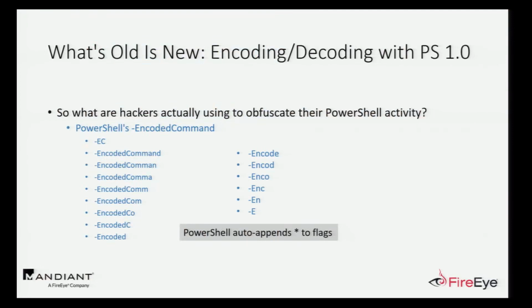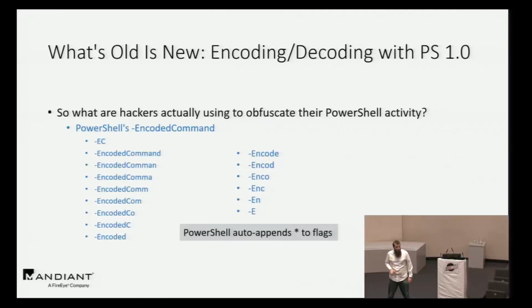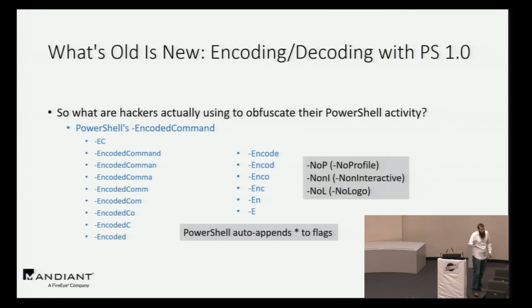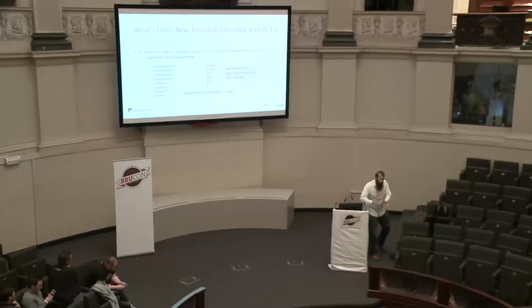It's like, how many bad assumptions have we made until this point when they could have been using EN or ENC or ENCO, any substring in between? So, whenever you see a flag, just try lopping off some letters. You'll be amazed at the possibilities that are there. This is why we have stuff like nop, nani, null, because that's the shortest substring you can get with that being the only flag that is returned.